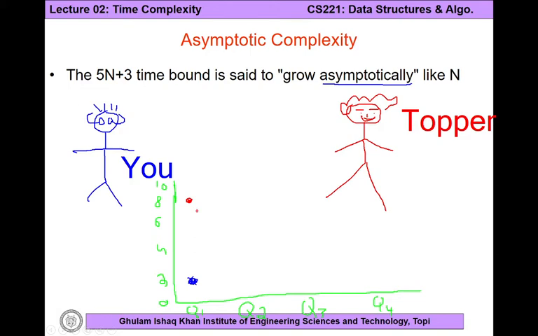Then you say, okay, fine, I've got two marks and the topper of my class has got 8 marks. Now I will work hard and try to beat this particular student. There is another quiz and you attempt it and end up scoring 4 marks, and the topper ends up scoring, let's say, 5 marks, right?